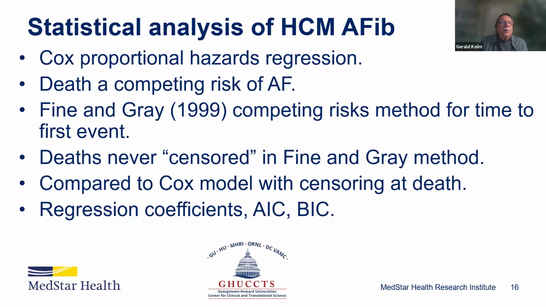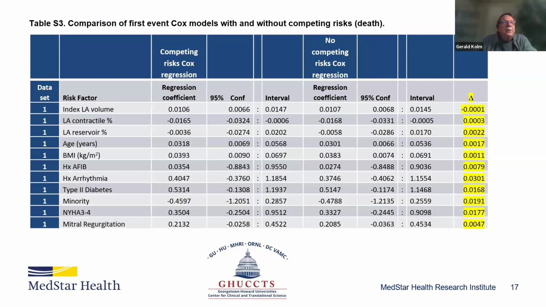And so we compared the models, looked at the regression coefficients, and then used the information criteria results as well, the Akaike's and Bayesian information criteria. So this is for one of the data sets that we had.